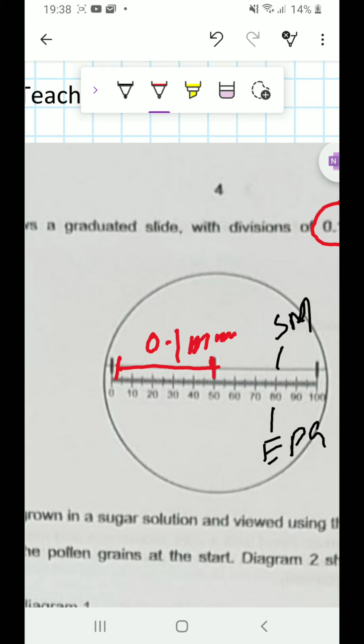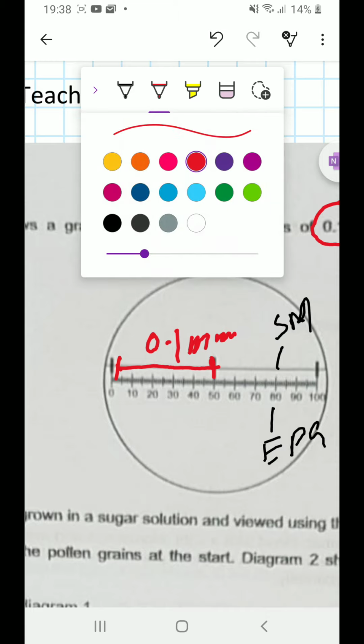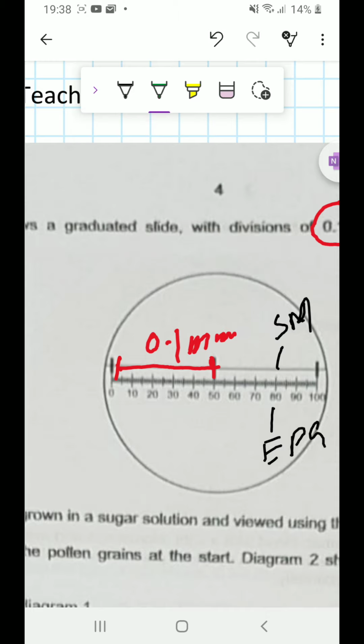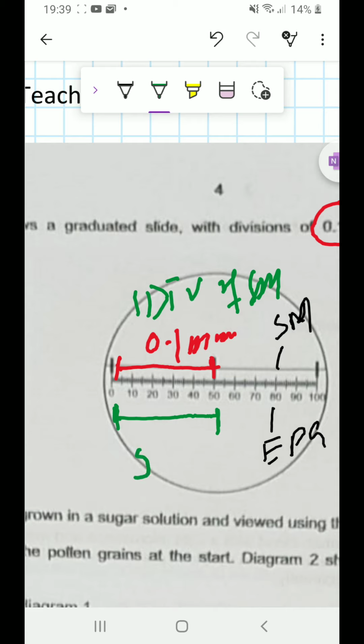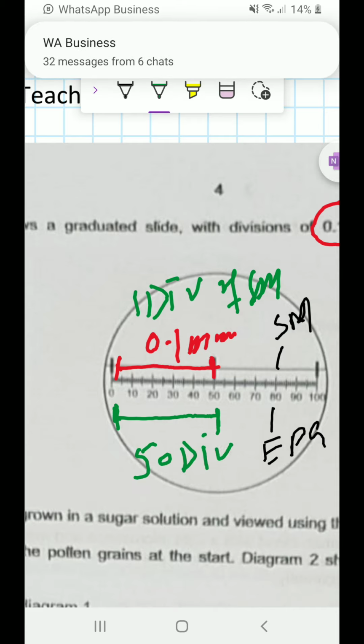If you look at the other scale parallel to it, which is an EPG, one division of SM is equal to 50 divisions of EPG.